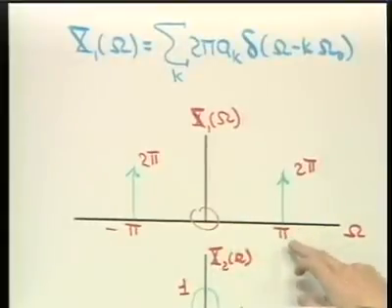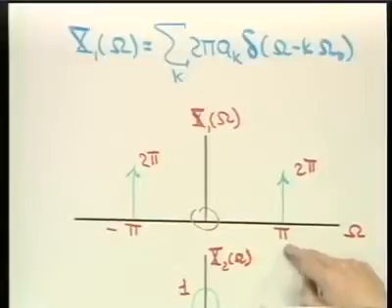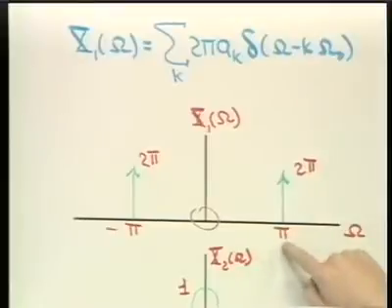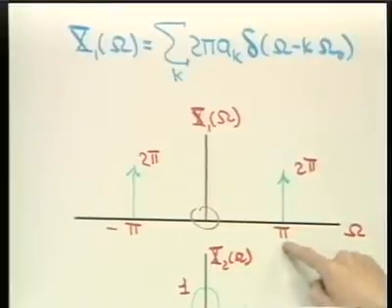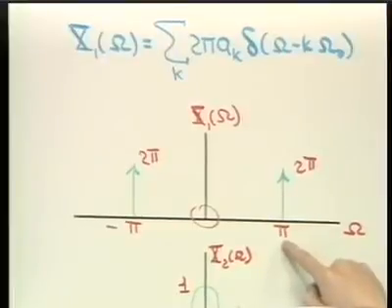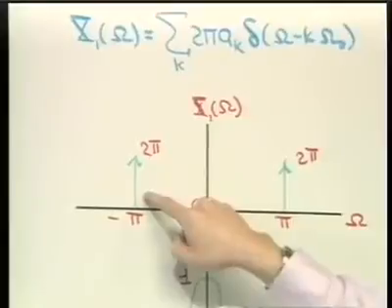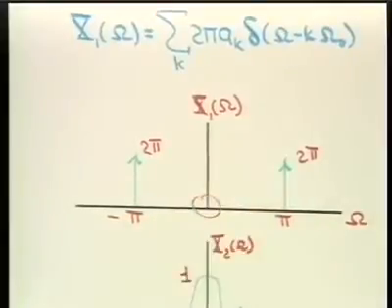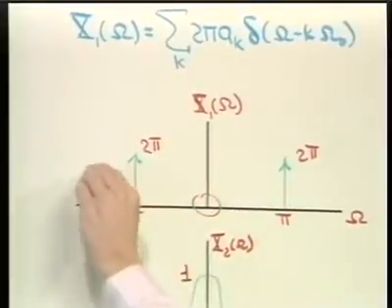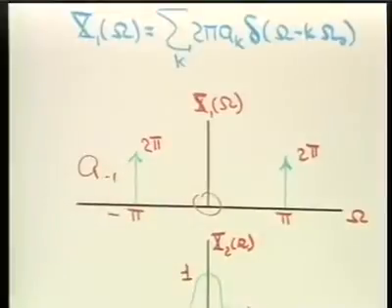We have the coefficient A1, and the coefficient A1 occurs at a frequency which is omega 0, and omega 0, in fact, is equal to pi, because the signal is e to the j pi n. Well, what's this impulse over here? Well, that impulse corresponds to the Fourier series coefficient A sub minus 1.